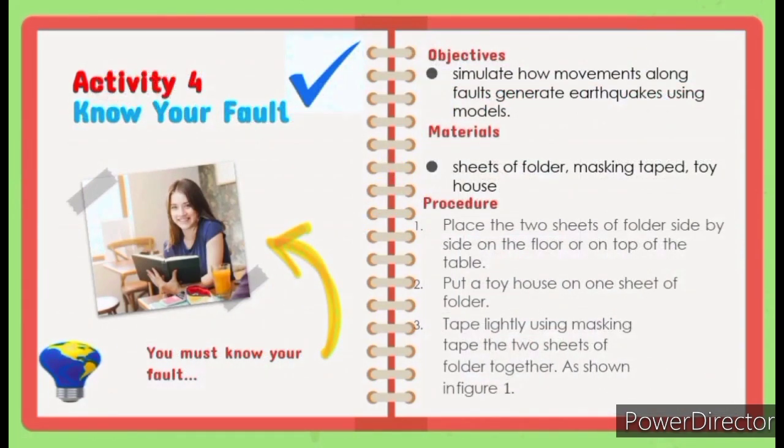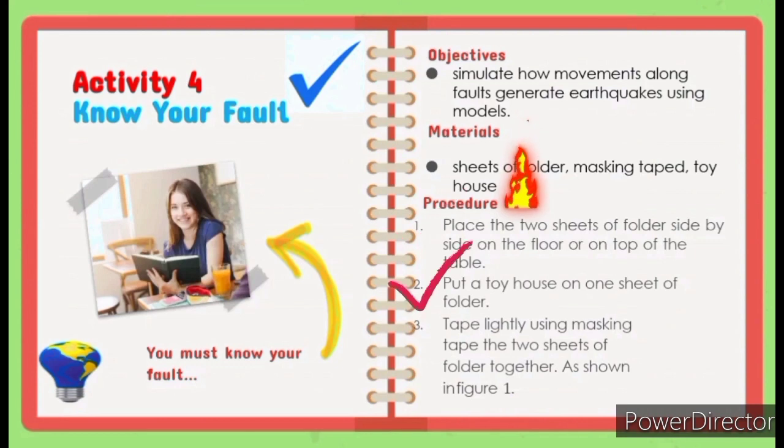Activity number 4. Know your fault. Objective: simulate how movements along faults generate earthquakes using models. Materials: sheets of folder, masking tape, and a toy house. Of course, you are going to prepare a toy house. Procedures: number 1, place the 2 sheets of folder side by side on the floor or on top of the table.